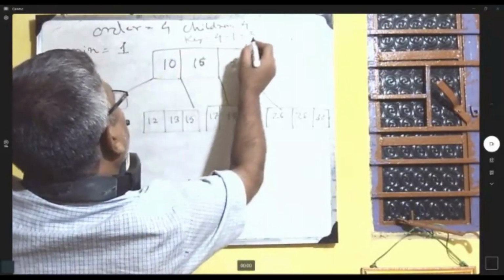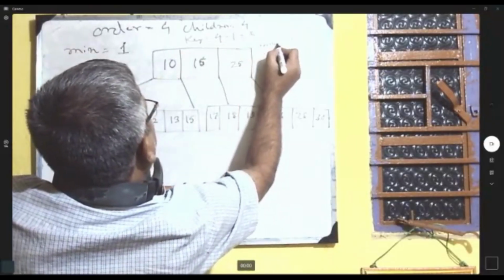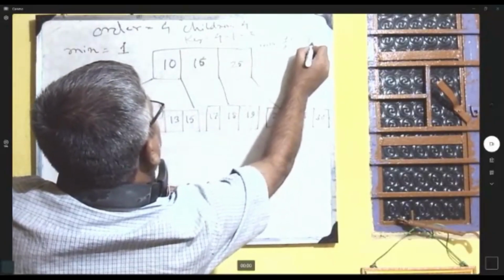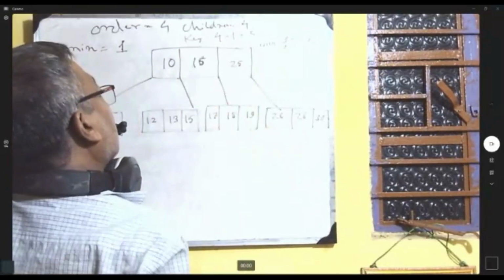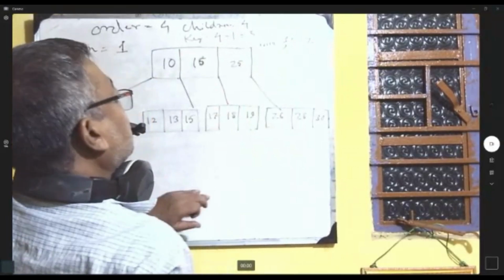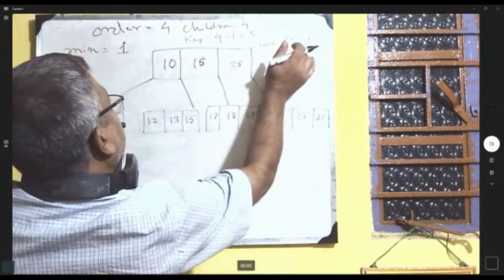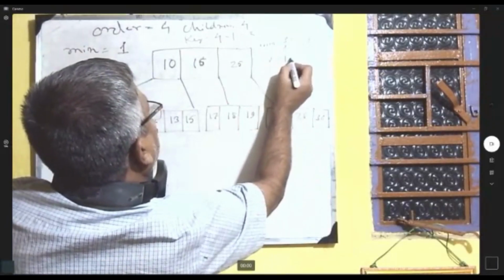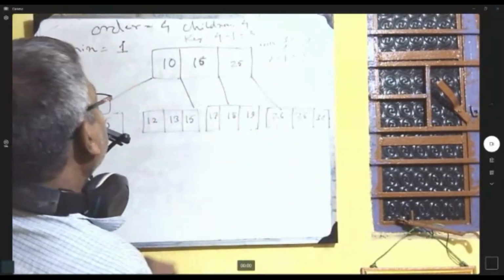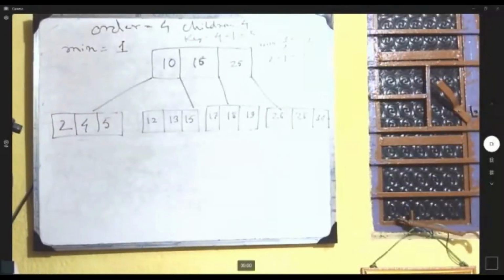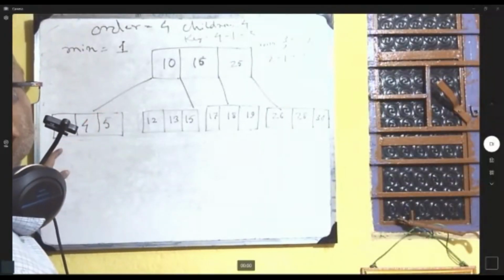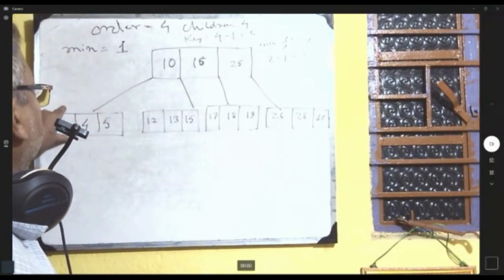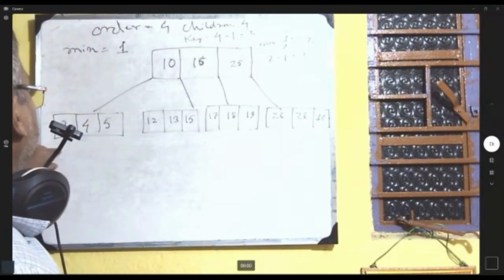Minimum key is 3 by 2, that is 2. I have to take the ceiling value of the fraction, and minimum means 2 minus 1, that is 1. So the minimum key for order 4 is 1. This node is already supporting 3 keys.